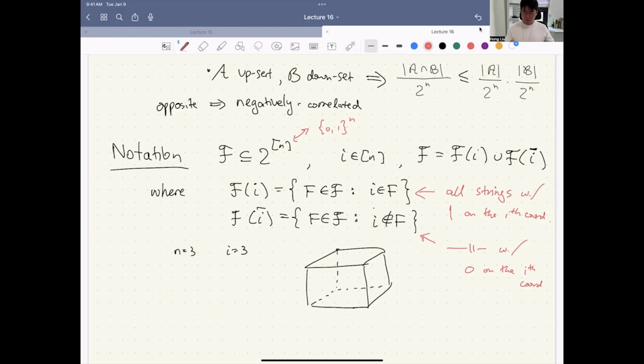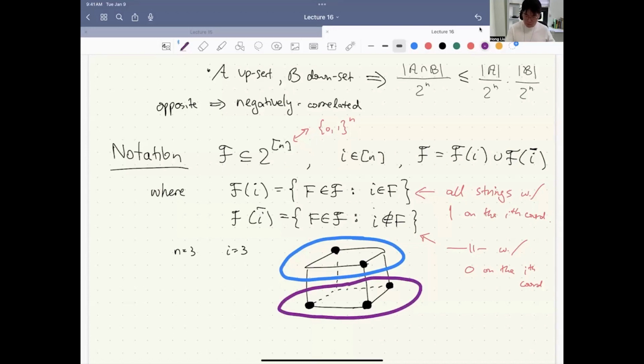If your set looks like this, this is your F, then F_i is here, right? This is F3, and the bottom is F3 bar.